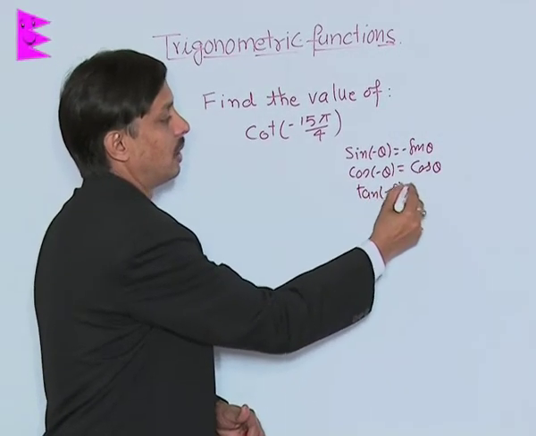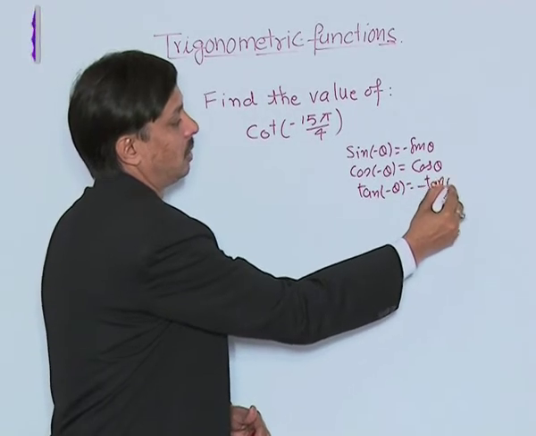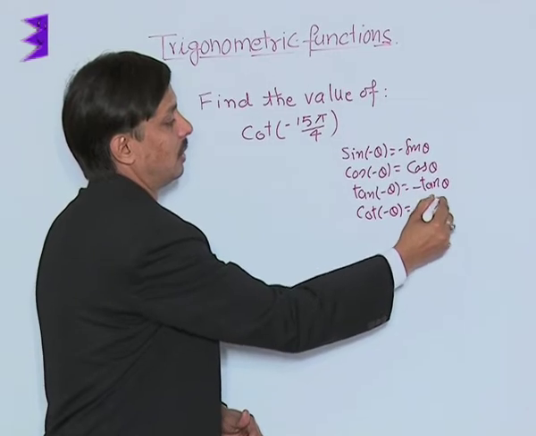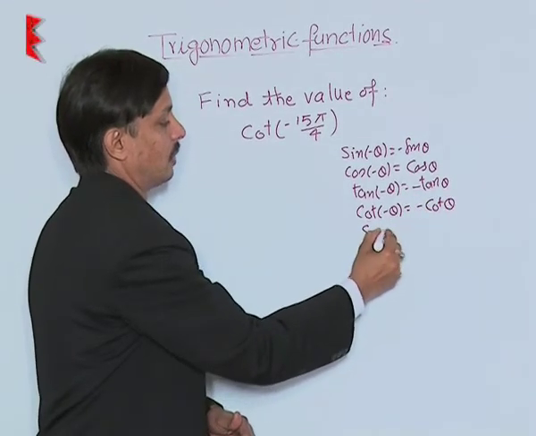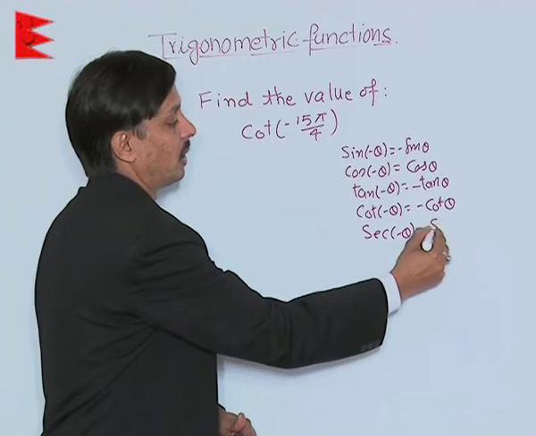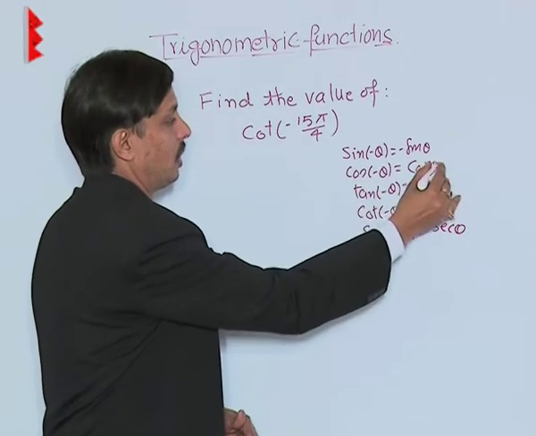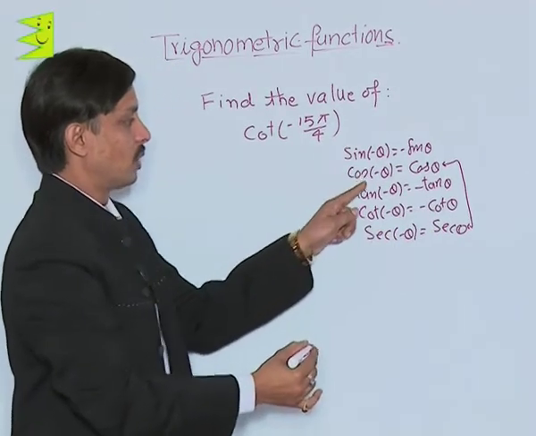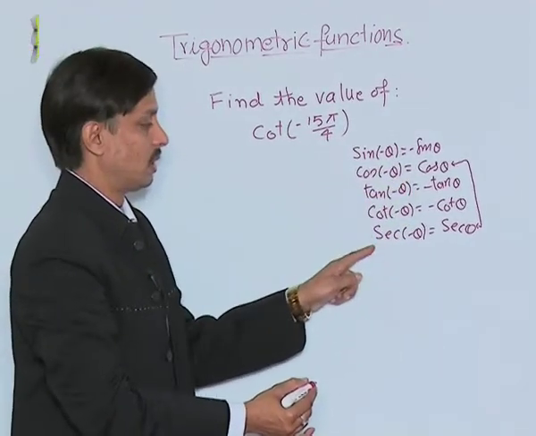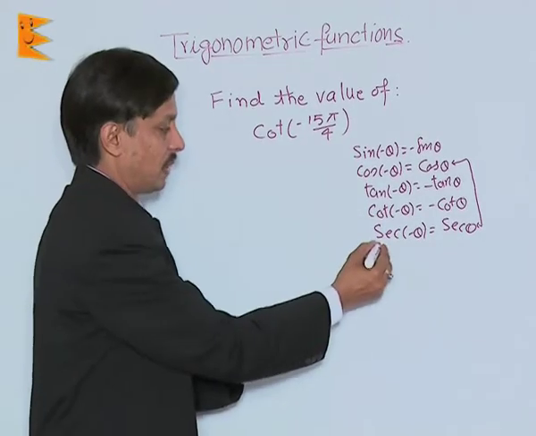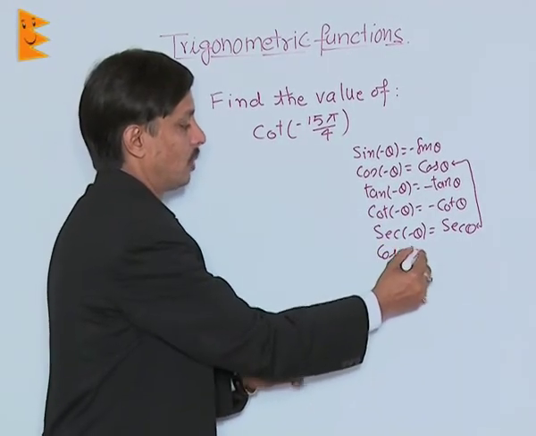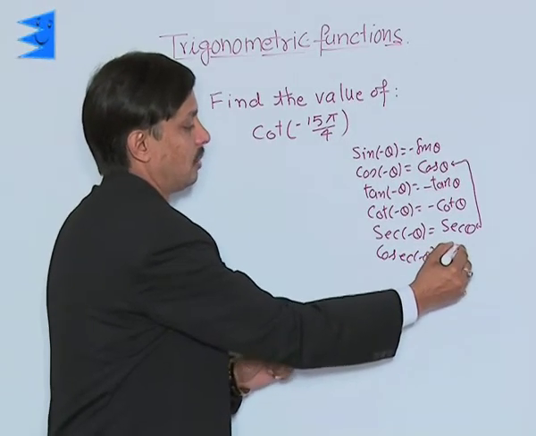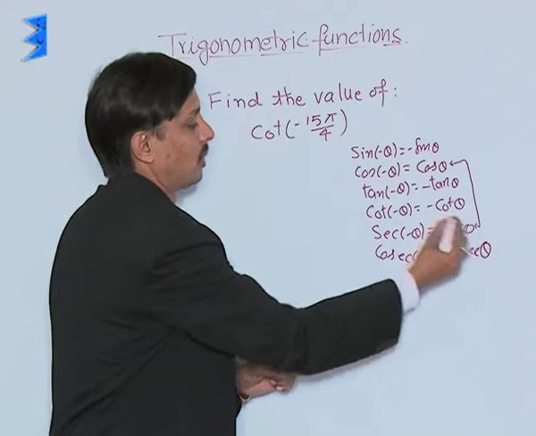tan of minus theta is minus tan theta, cot of minus theta is minus cot theta, sec of minus theta is sec theta. You can remember and observe these two values: cos of minus theta is cos theta, sec of minus theta is sec theta, whereas the last, cosec of minus theta, is taken as minus cosec theta.